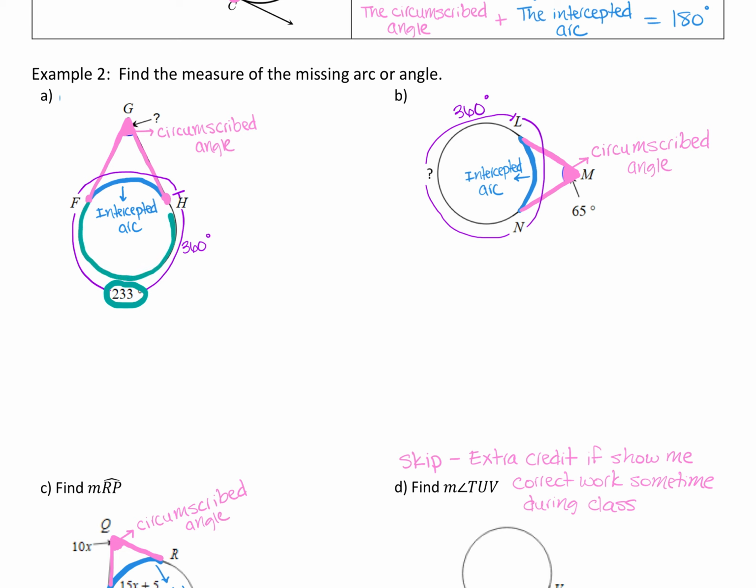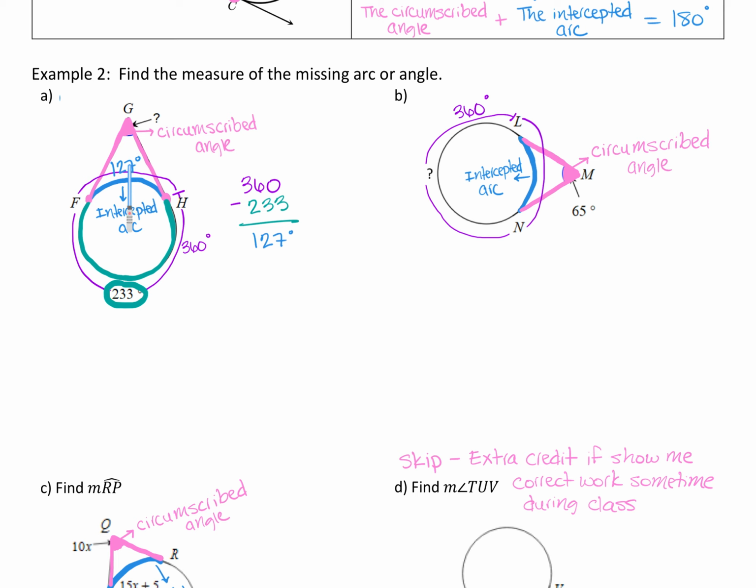So notice that with the green arc and our blue arc, those go all the way around the circle, and so they're 360 degrees, which means we can find this blue arc by taking the 360 degrees and subtracting the 233 degrees, and that equals 127 degrees.